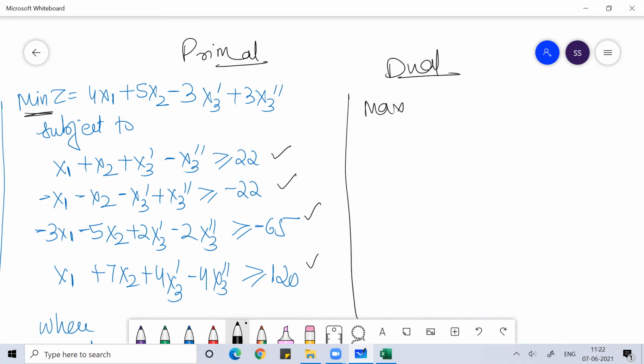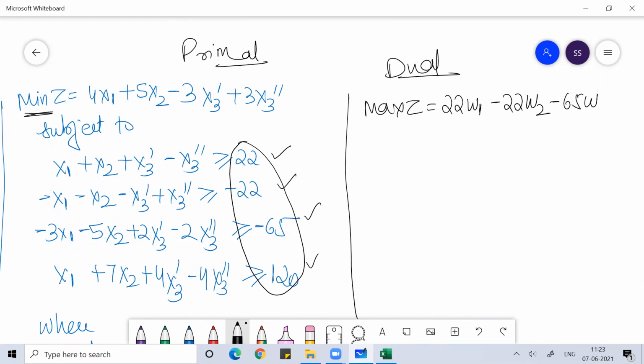So I'll write here maxima of Z is equal to, here I'll use the RHS of the constraint as the cost coefficient of the objective function of primal. So this is 22 W1 minus 22 W2 minus 65 W3 plus 120 W4.